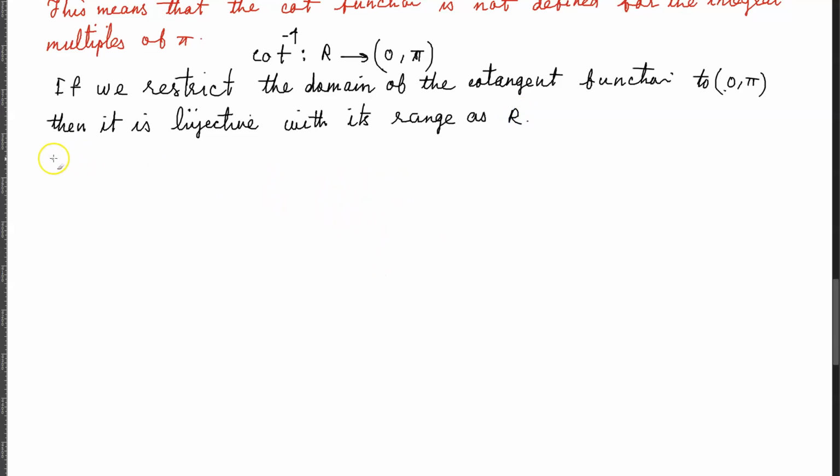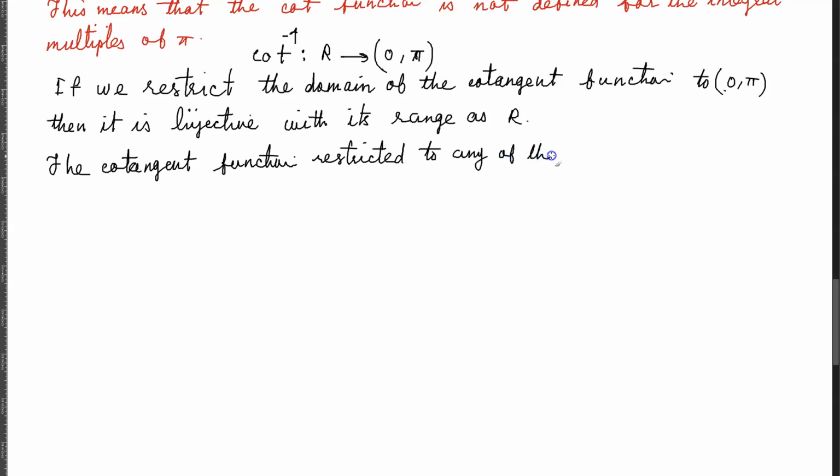And the cotangent function restricted to any of the intervals, for example, negative pi to 0, the open interval, and we are using open intervals because the cotangent function is not defined at integral multiples of pi, meaning that the function is not defined at negative pi, it's not defined at 0, it's not defined at pi, at 2 pi, and so on and so forth.